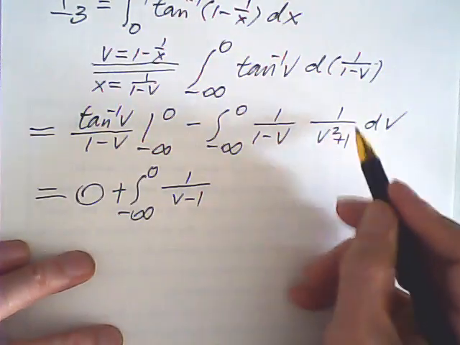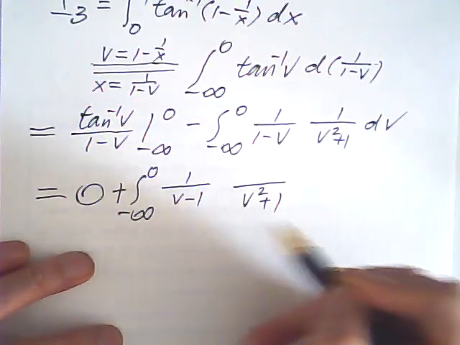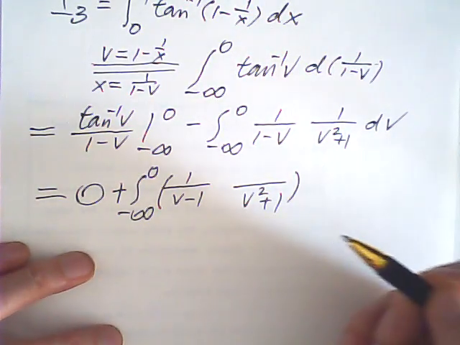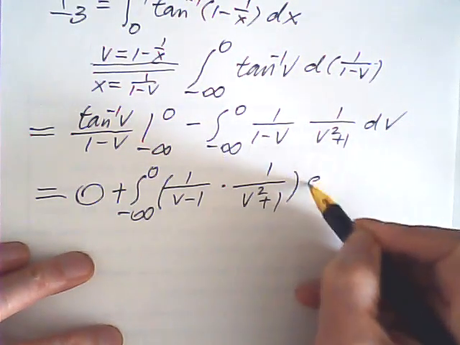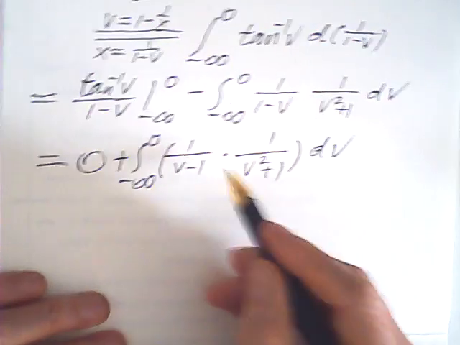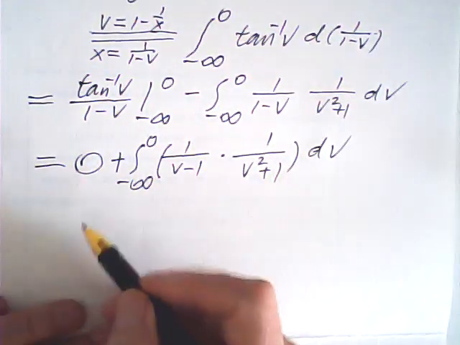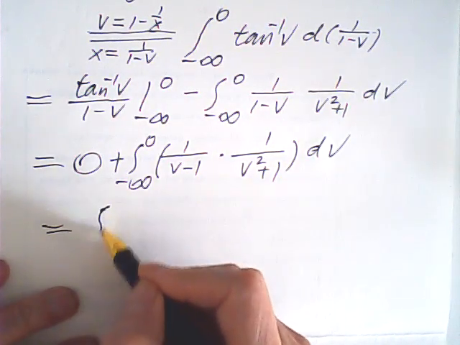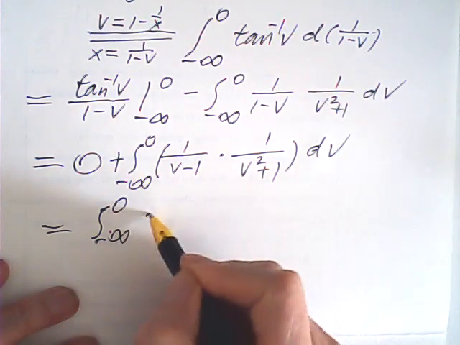Multiplication, okay. Now I'm using partial fractions again. So this one is equal to the integral from this to 0.